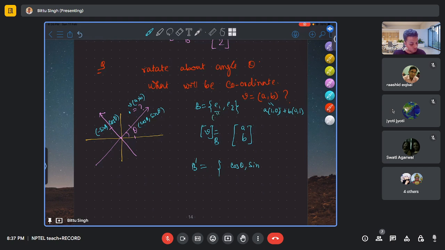E1, E2 was (1, 0), (0, 1), but now it is more complicated: (cos theta, sin theta) and (minus sin theta, cos theta). What will be the coordinate of this point with respect to the new system? This (a, b) will change. So how can we determine it? This is the question.